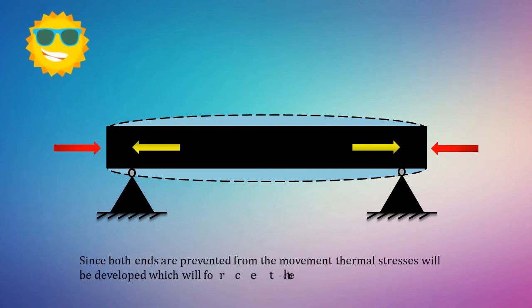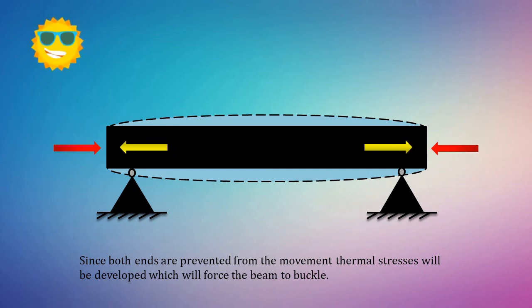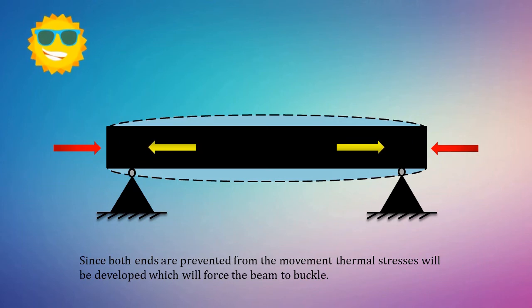So due to this inappropriate support condition, the beam unnecessarily has to be designed for thermal stresses also. Because we know a beam might fail if the temperature exceeds the limit. So this situation can be avoided by providing at least one roller support, as the roller allows the linear expansion of the beam because it has no constraint for the horizontal movement of the beam.